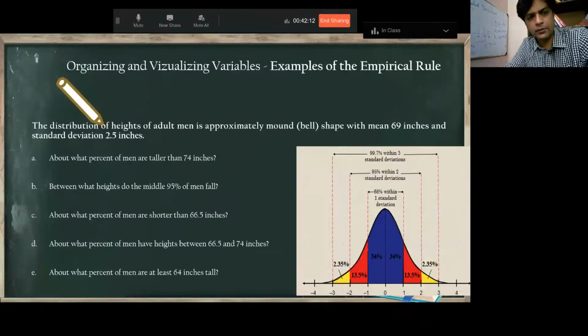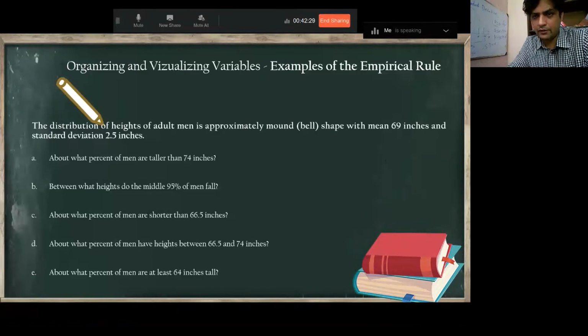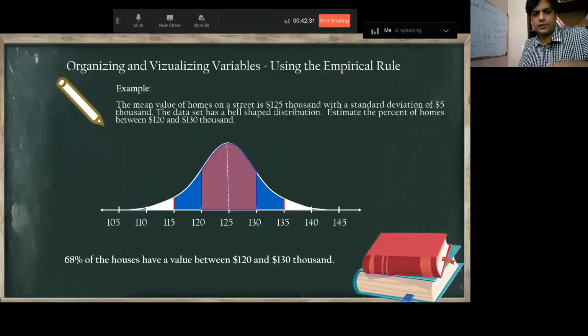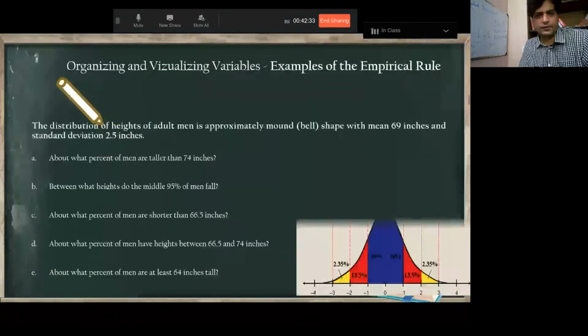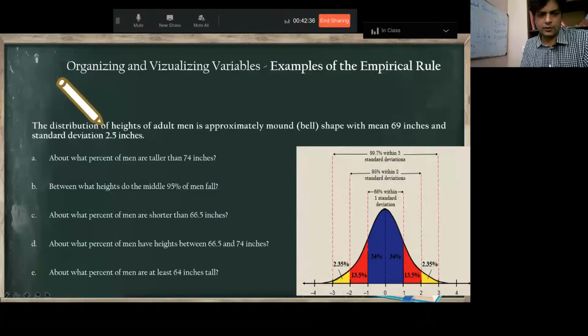Now there are a couple more questions. If the distribution of the heights of adult men is approximately a mound-shaped bell curve with mean 69 inches, so 69 is the mean, mu, and the standard deviation is 2.5 inches, sigma.